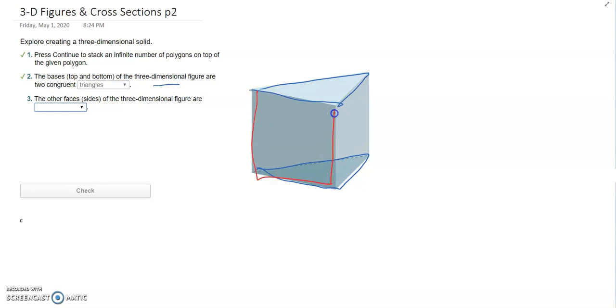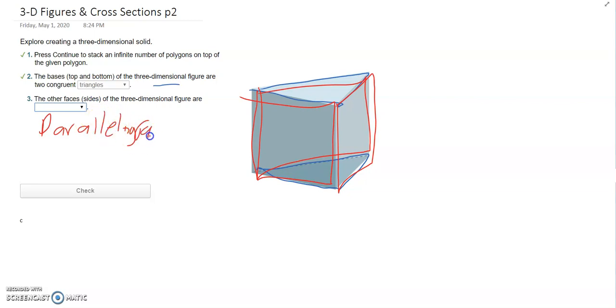Each one of these surfaces on the sides, not the bases, are going to be parallelograms. If it's a right triangular prism, then they would be rectangles. Otherwise, they could be some sort of parallelogram.